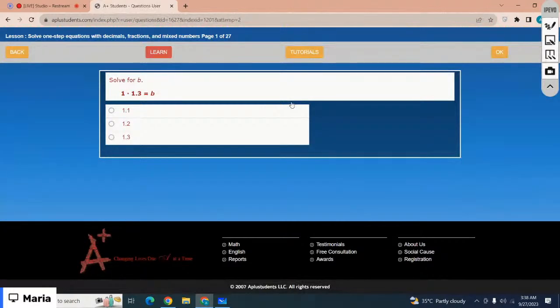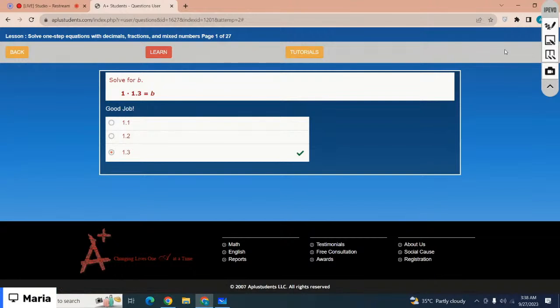So which is the correct option? The correct option is 1 times 1.3 is obviously 1.3. So the correct option is 1.3, right?